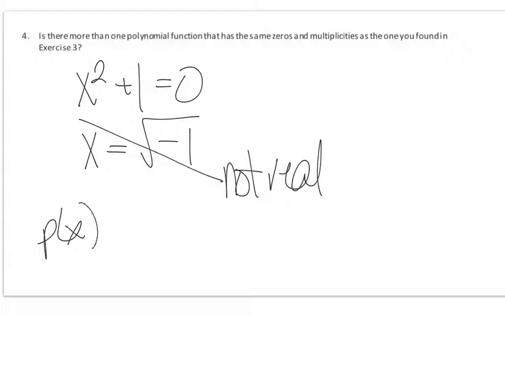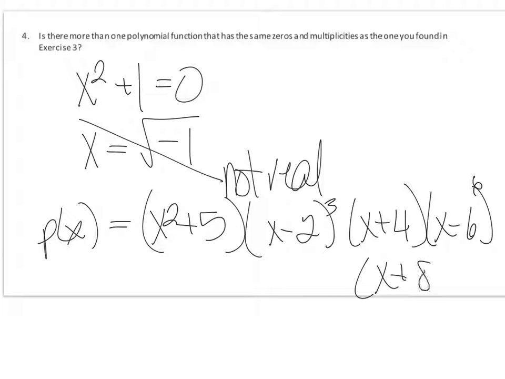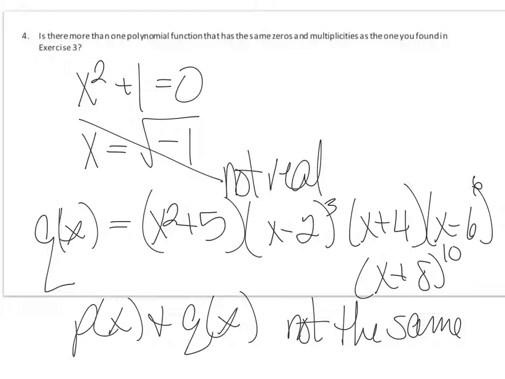So I could take that long equation and put any random, not real number in front of it, and that would be the same solutions and multiplicities, but not the same equation. So actually we can make this a different letter. P of x and Q of x are not the same, but they have the same solutions.